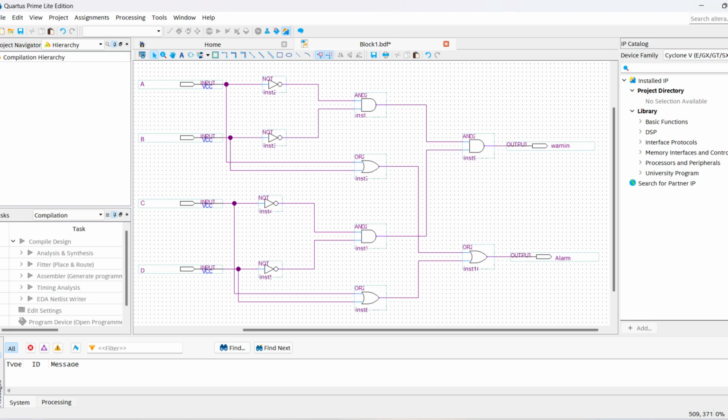The resulting outputs of both OR gates are then connected to another OR gate to produce the final output, which is A plus B plus C plus D, where the high output will make the dialysis machine give a warning signal.